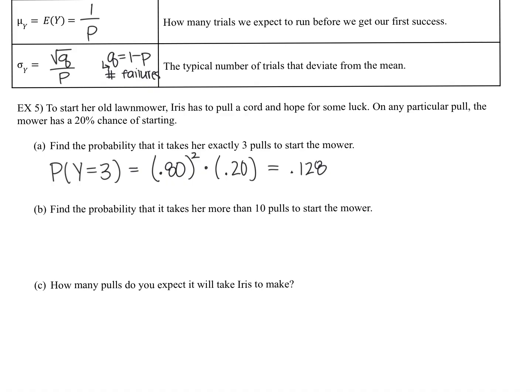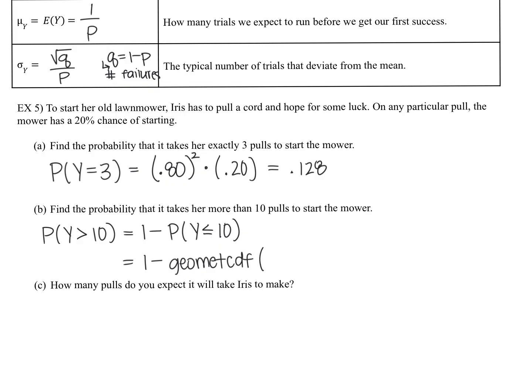Next, we want to know the probability it takes her more than 10 pulls. So that's the probability that y is greater than 10. So that becomes 1 minus the probability that y is less than or equal to 10. Because it says specifically more than 10, I have not included 10 yet. So when I do it in my calculator, I have to do the probability that y is less than or equal to 10. And I am going to use the Geomet CDF here because I don't want to do 1 plus all of the probabilities for 1 through 10, that would take a while.